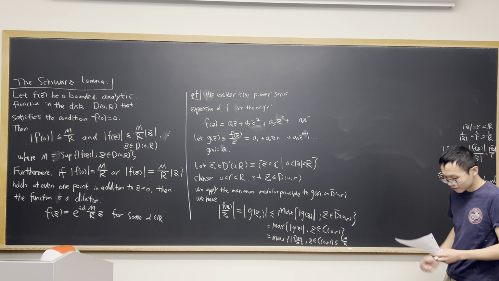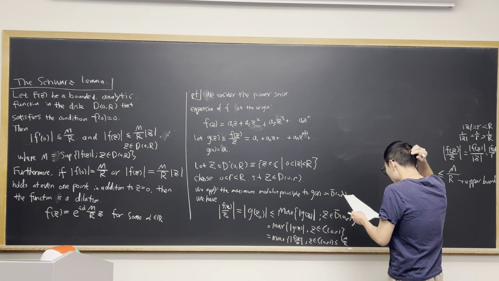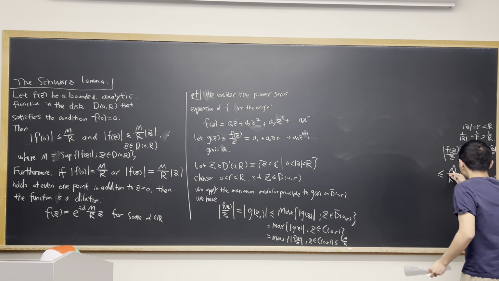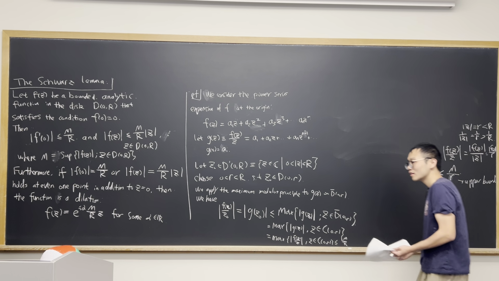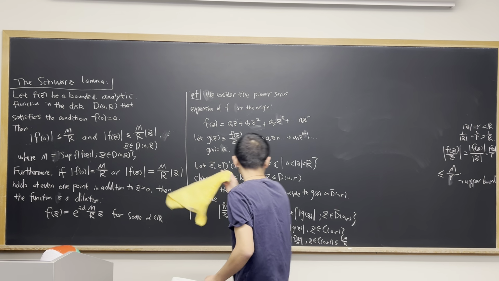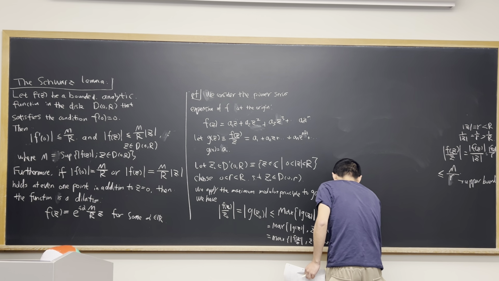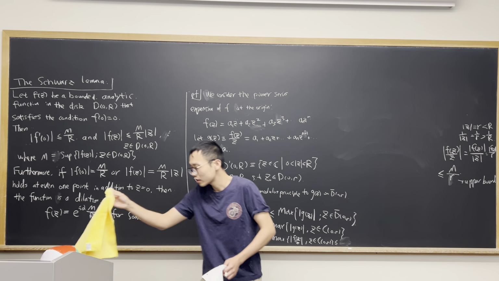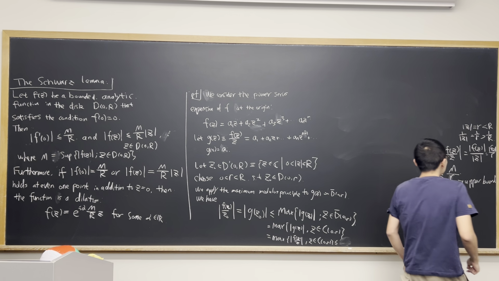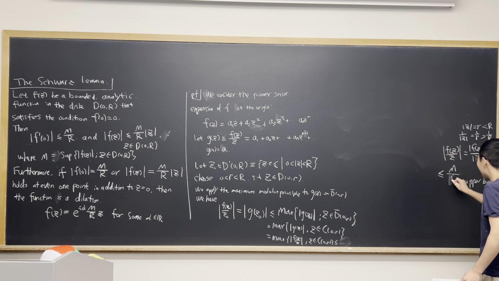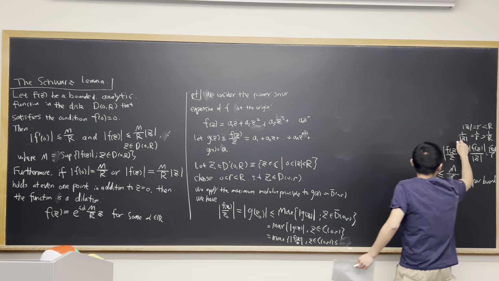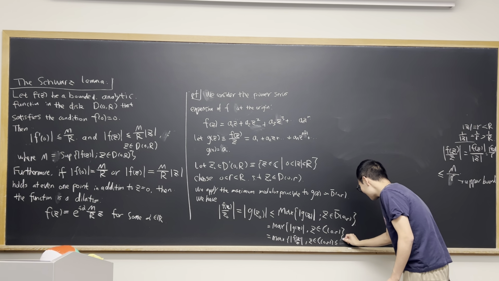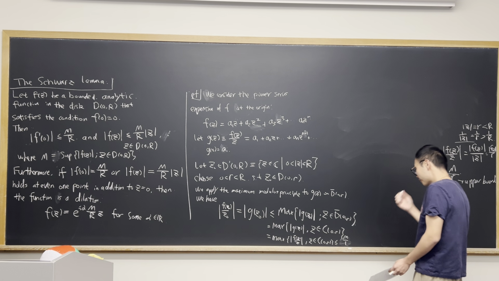Oh shoot, sorry, I messed up again. So this should be small r. Okay, so just ignore everything. So less than or equal to this M over small r.